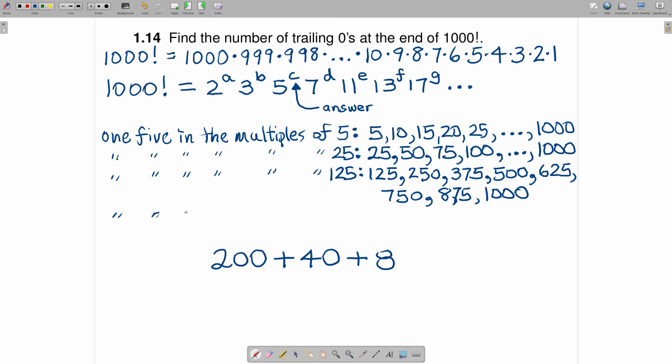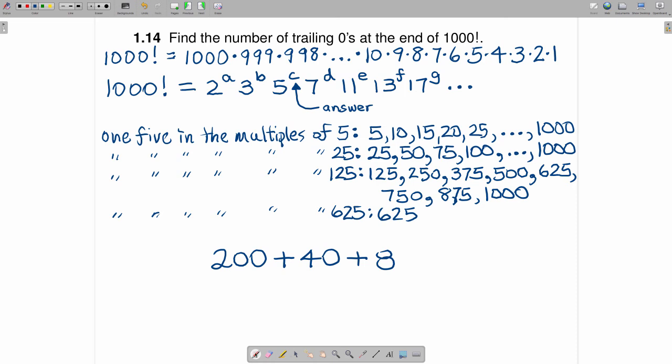Finally, there is 1 5 in the multiples of 625, which is 5 to the 4th power, and in fact there's only one such multiple, and that's 625. The next one, which would be double that, 1,250, is outside of the range from 1 to 1,000.